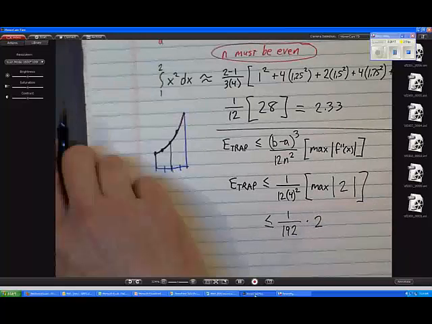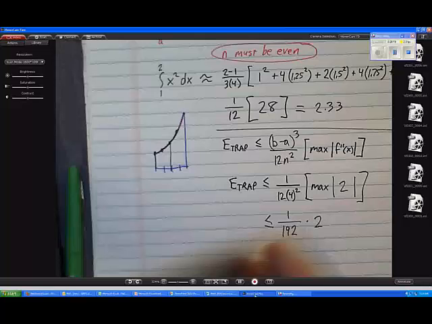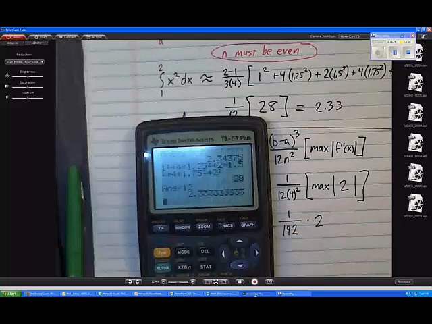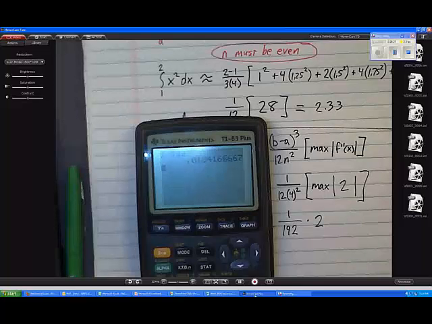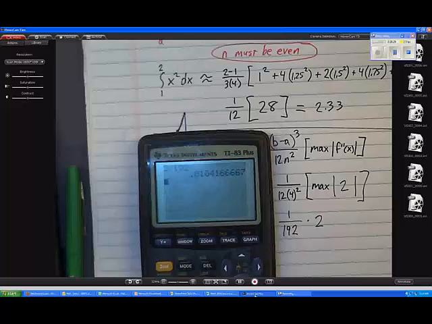Let me compute that. 2 divided by 192. The error is less than 0.01. And actually, I remember that. It was close to it, right? Instead of 2.33, it was around 2.34. That's how far off we were.